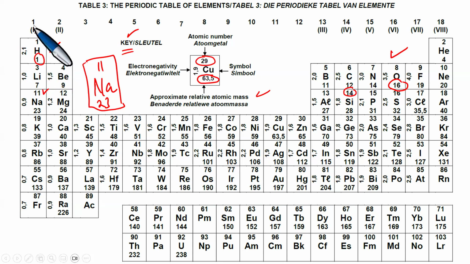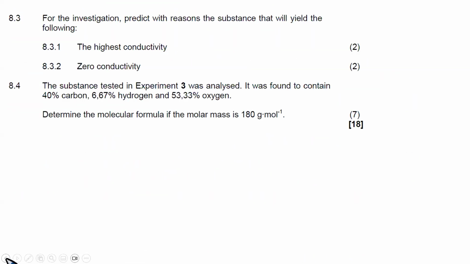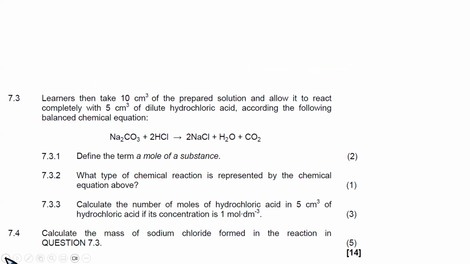Now, in group 1, you have hydrogen, lithium, sodium, potassium, rubidium. So if P forms P2O, rubidium is going to form Rb2O, because it has the same properties as sodium.